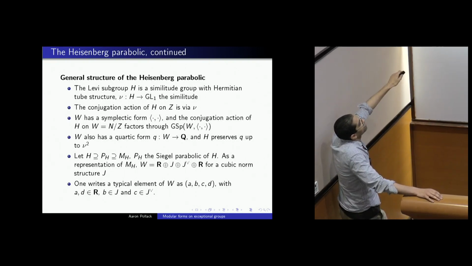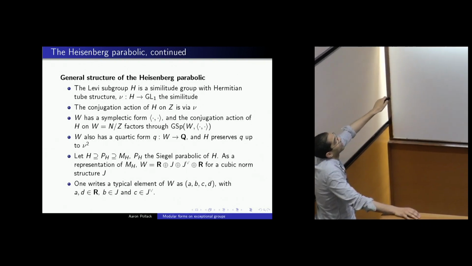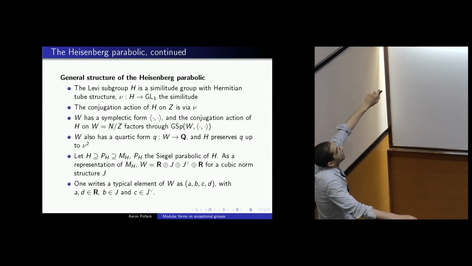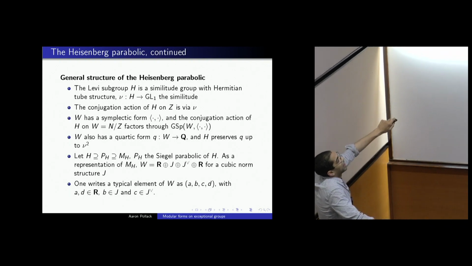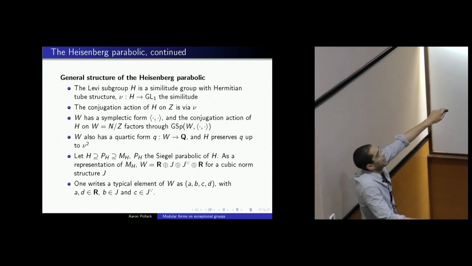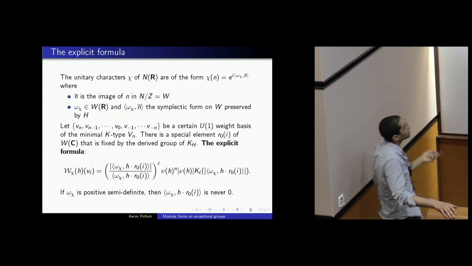So this group W has a symplectic form, and the conjugation action of H on W preserves that symplectic form up to similitude. And moreover, W also has a quartic form, a symmetric four-linear form, and H preserves this quartic form up to the square of the similitude.